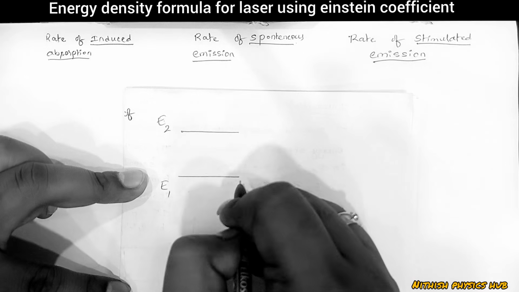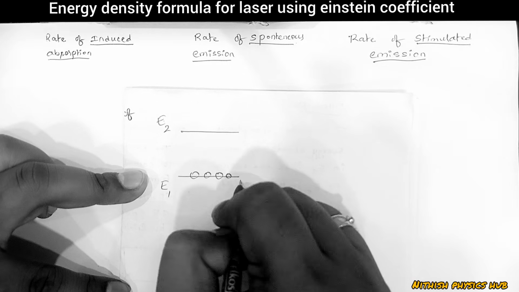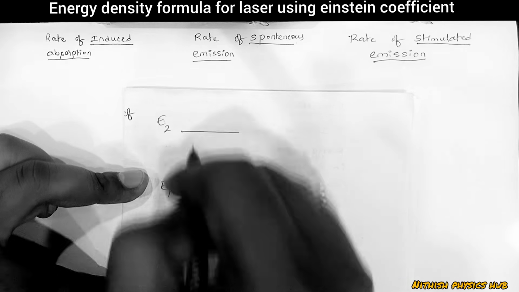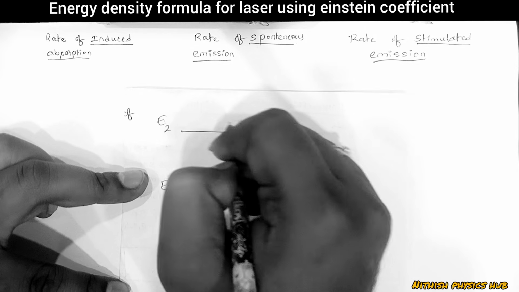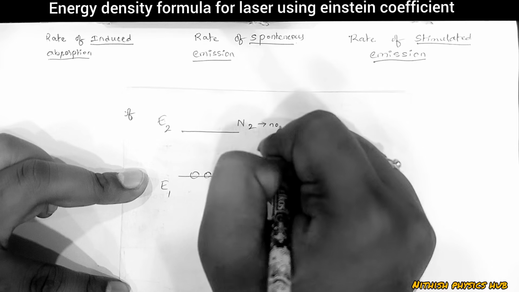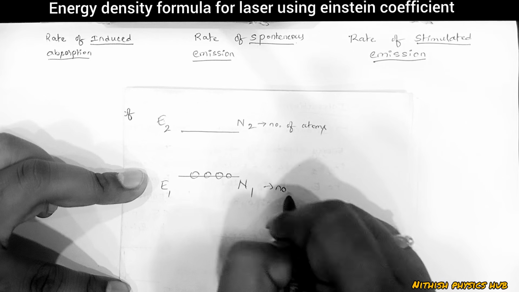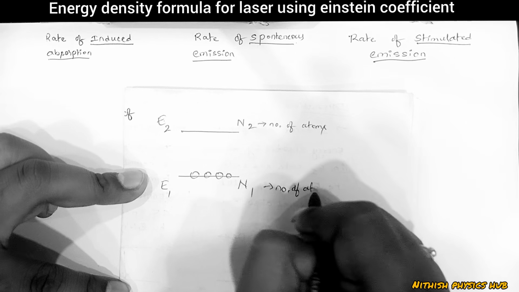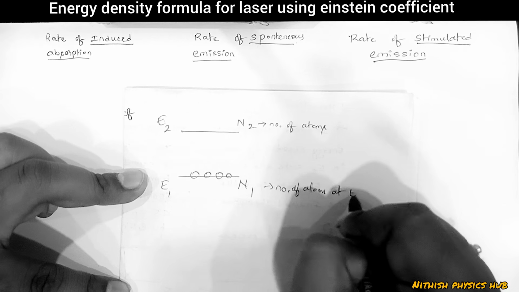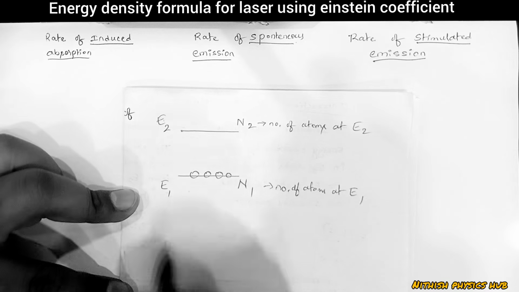The number of atoms present in the energy level E1 is taken as N1, and the number of atoms present in the excited state, that is the E2 state, is taken as N2. This is the number of atoms at E1 and at E2.